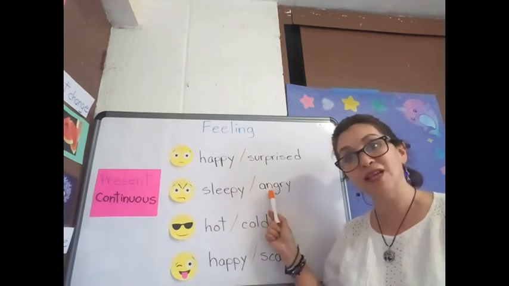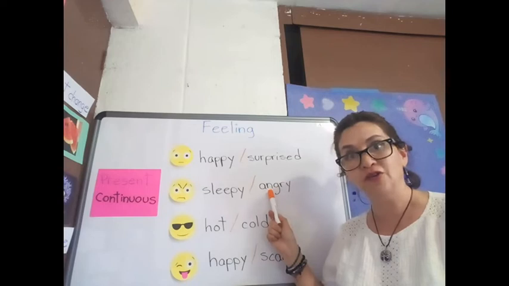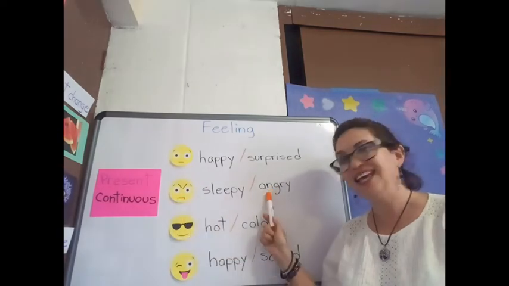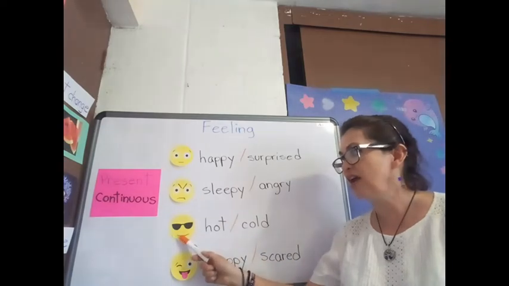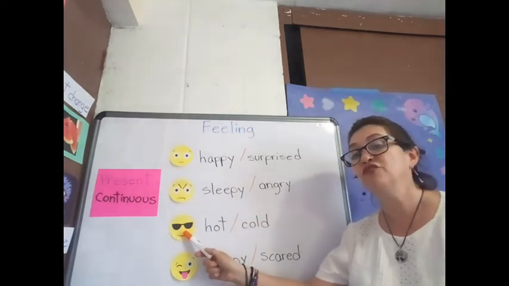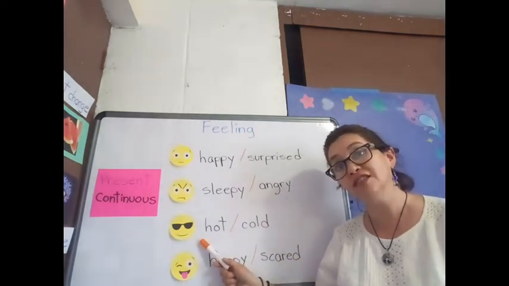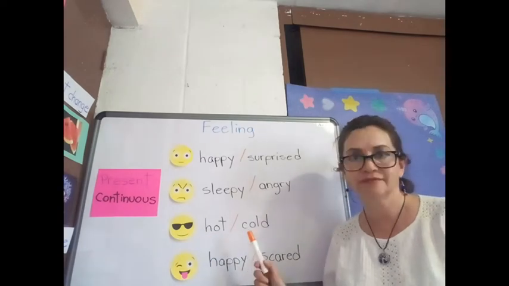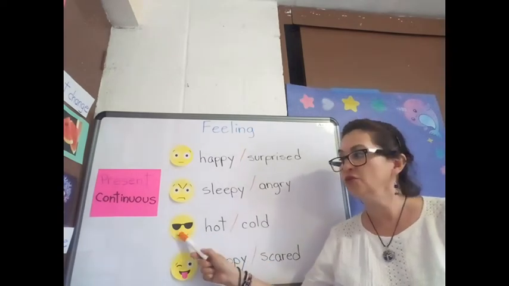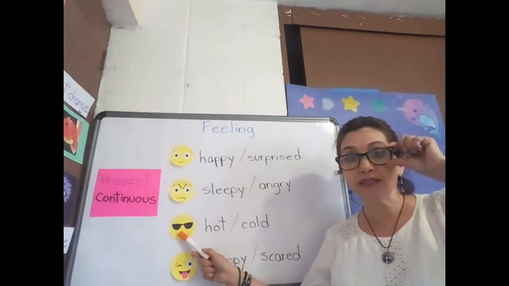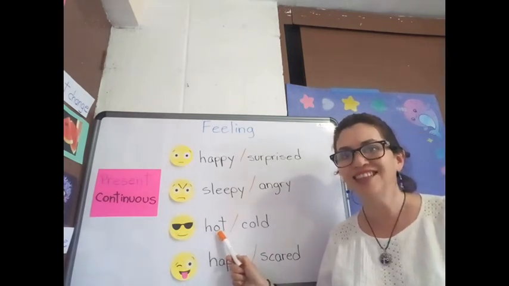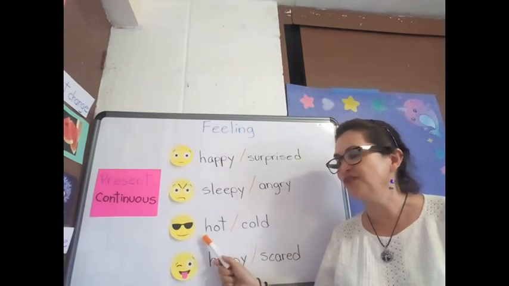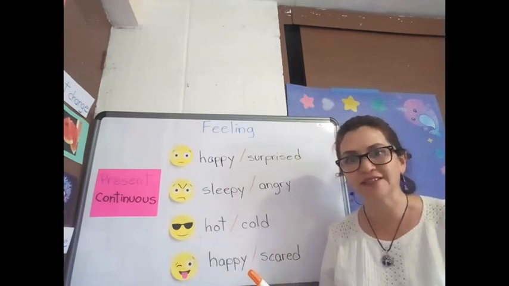If your answer was angry, you are correct. He's feeling angry. Okay? Now let's see, how is he feeling? Is he feeling hot or cold? Look at him, he's wearing sunglasses because he feels hot. That's right. He is feeling hot is the correct answer.